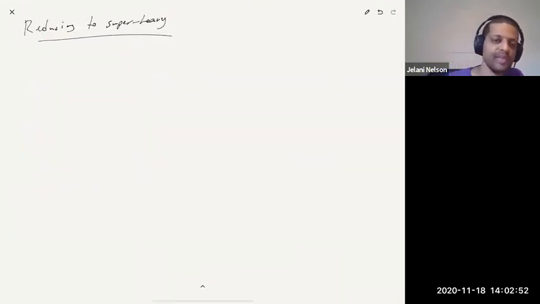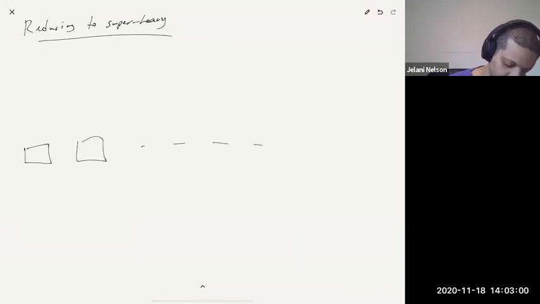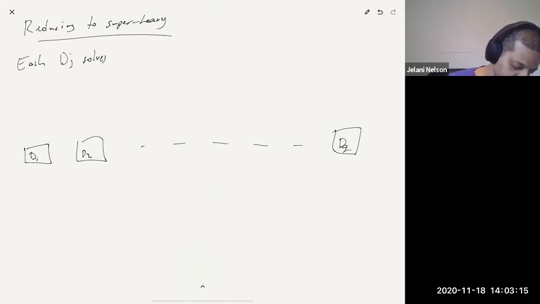So what's the reduction to super heavy? So what I'm going to do is the following. Suppose I have a data structure that solves super heavy. I'm going to instantiate q copies of it. So I call this D1, D2, up to DQ. Each Dj solves super heavy.